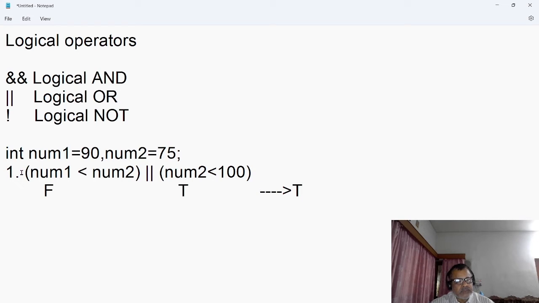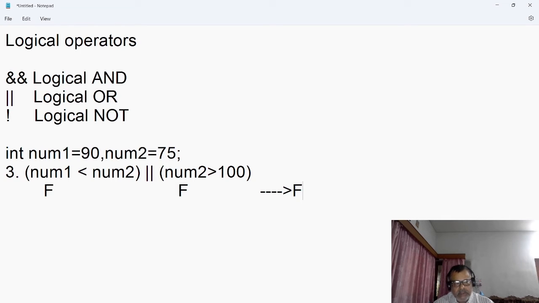But it is our second example actually. Now I want to make it false and try to see what will happen. It is again false, so you will get false.